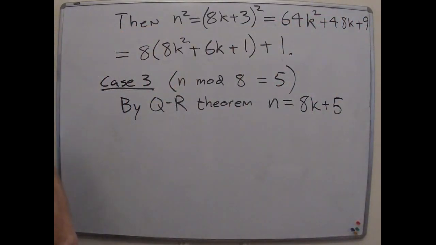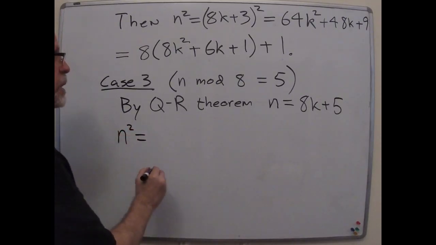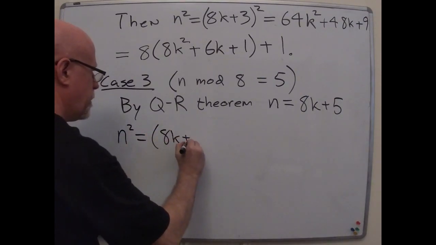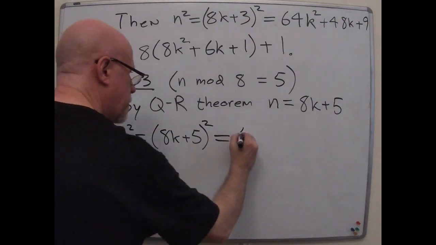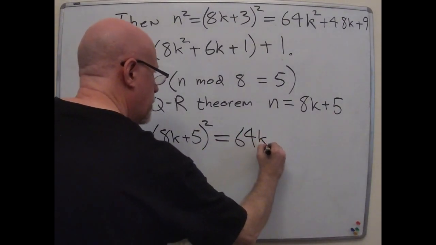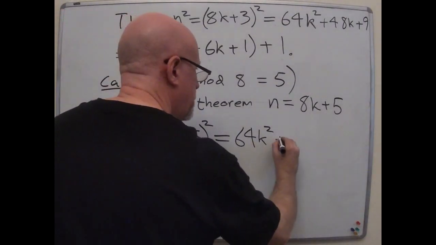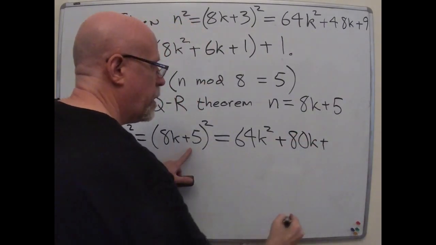Fine. 8k plus 5. Well, let's do it. n squared is going to be equal to, let's write it first, 8k plus 5 squared, which is 64k squared, plus 40 and another 40, that's 80k. And 5 times 5 is 25.